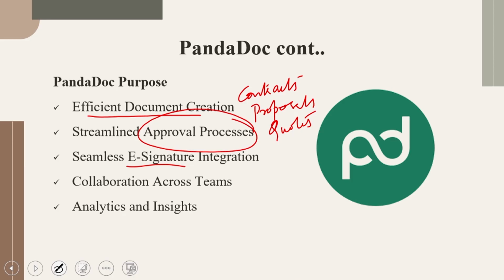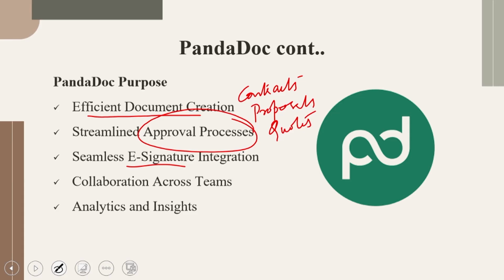Rather than having a physical signature, e-signature serves the purpose. It provides legally binding e-signatures directly within the platform, and this is the beauty of PandaDoc in case of e-signatures. It eliminates the need for third-party signing tools, ensuring faster deal closures, faster integration, faster decision making.